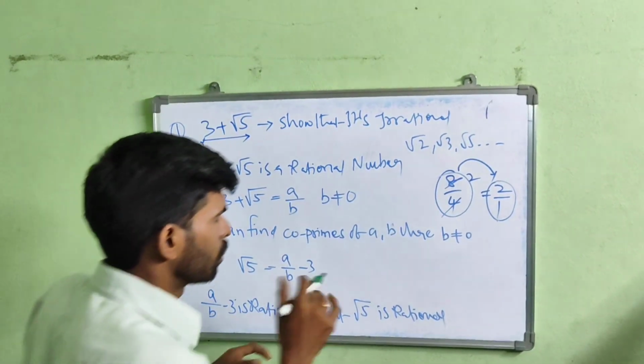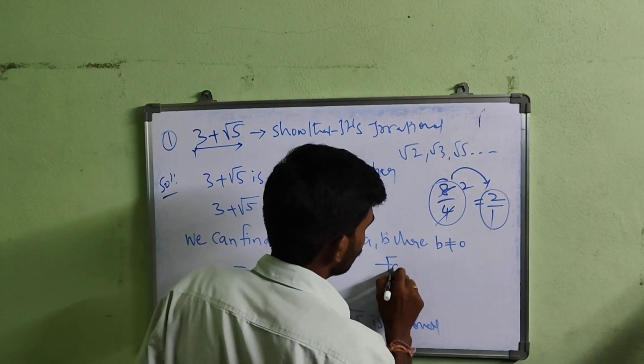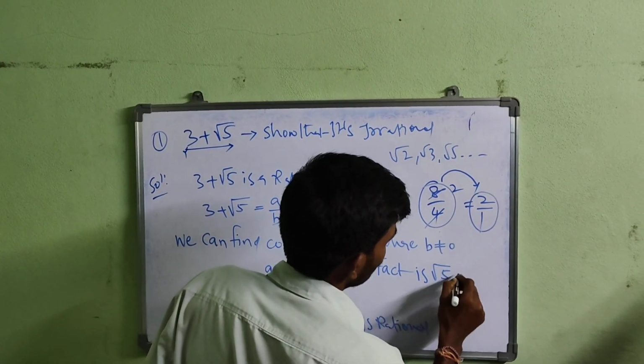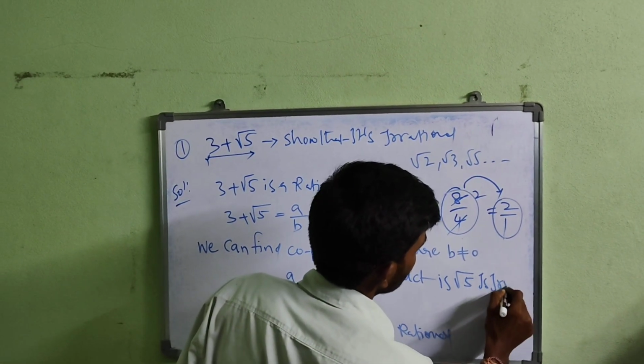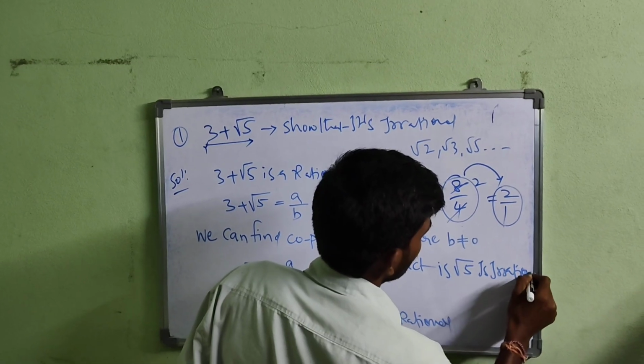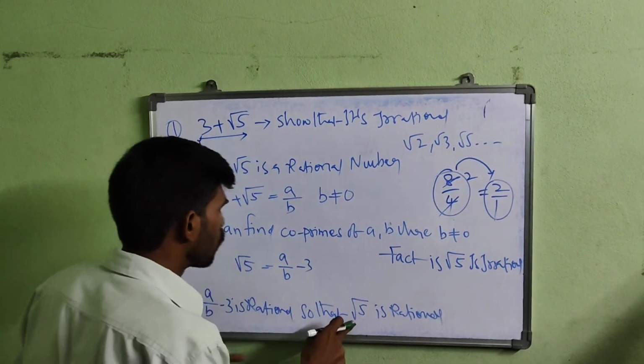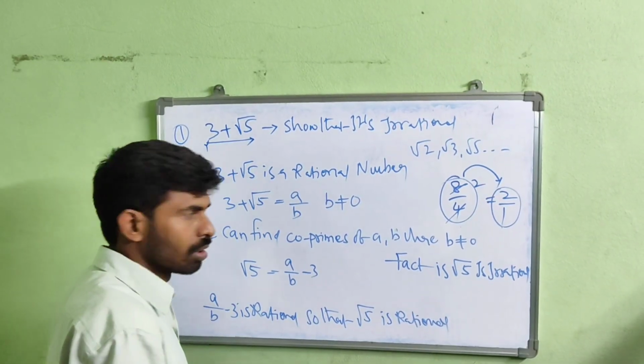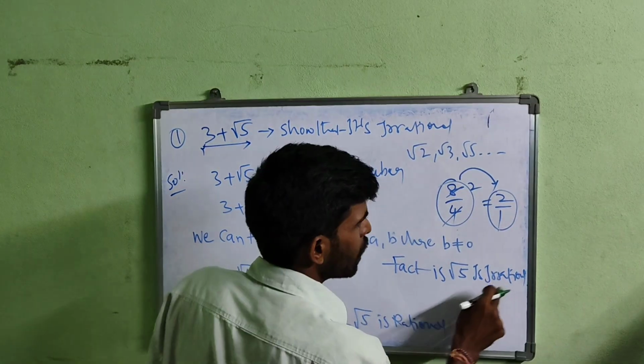But the fact is, root 5 is irrational. Here root 5 came out rational, so our assumption is wrong. The fact is root 5 is irrational.